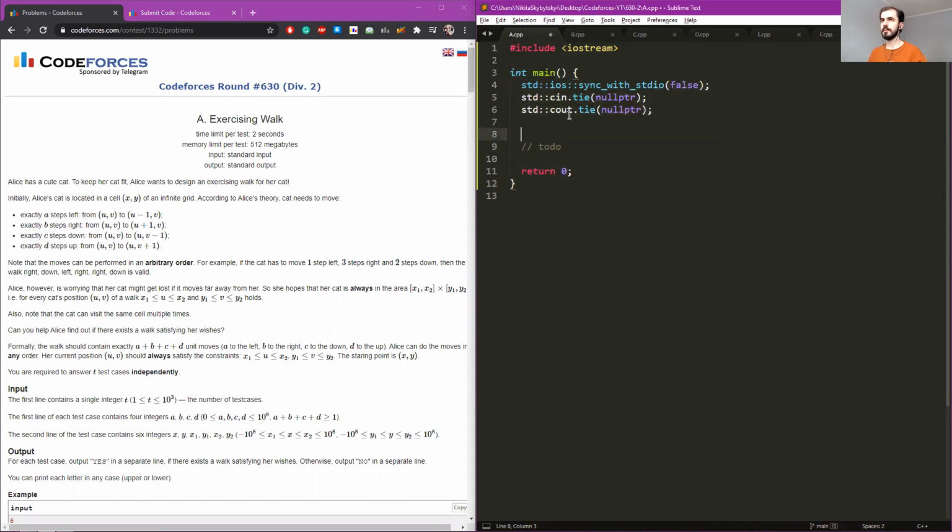We have left, right, down, up. I definitely should learn some keyboard shortcuts, like when I just copied and moved it across like that.